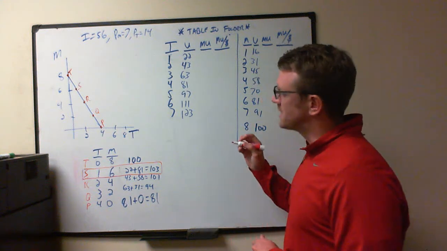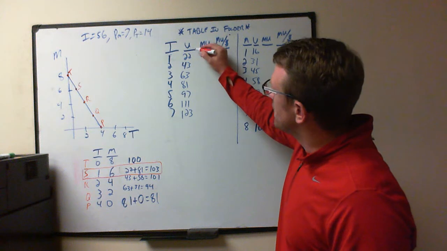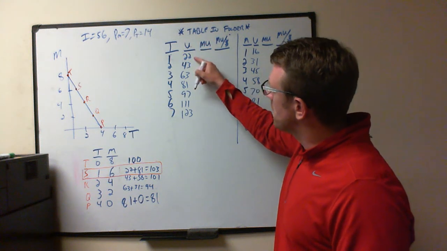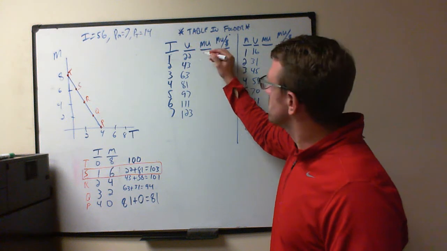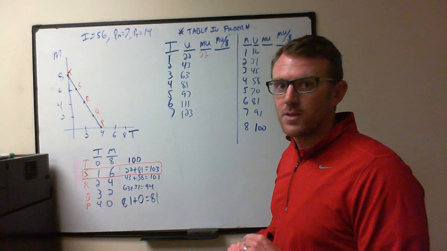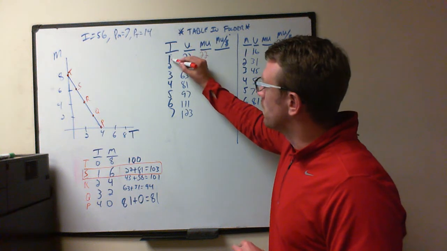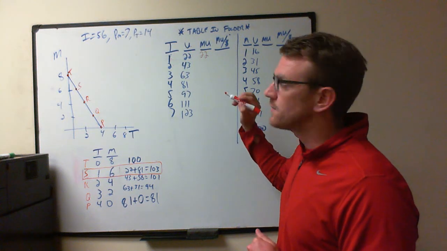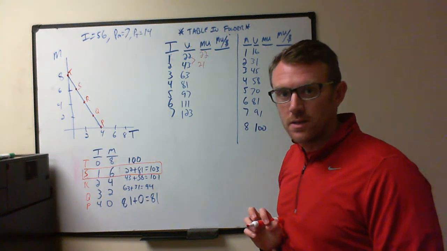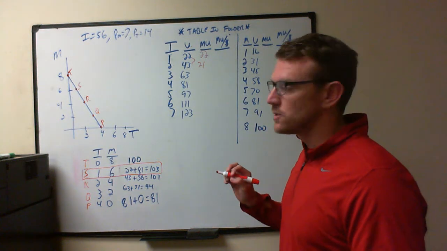So when I say marginal utility, what I mean is change in utility. So we go from 0 to consuming 1 unit of t-shirts. That yields us 22 units of utility. I go from consuming 1 to consuming 2 units of t-shirts. That adds 21 units of utility, utils.